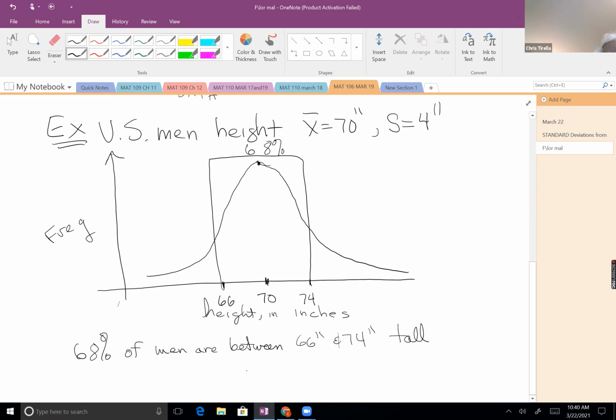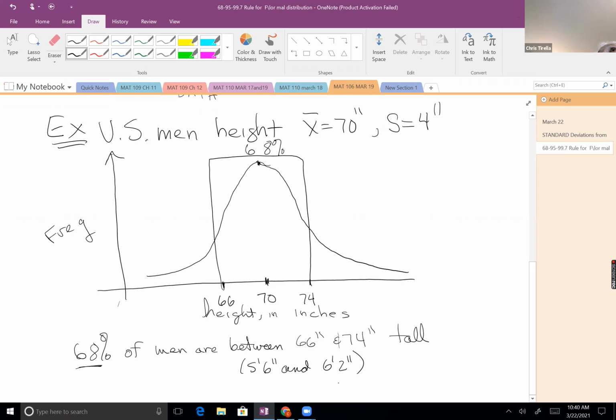So 66 inches, that would be 5'6" and 74 inches would be 6'2". So let's stop and think about it. Does that make sense? Does it make sense to say that a little over 2/3 of the guys you meet are somewhere between 5'6" and 6'2"? Yeah. And so that's the 68 part of that 68, 95, 99.7 rule.